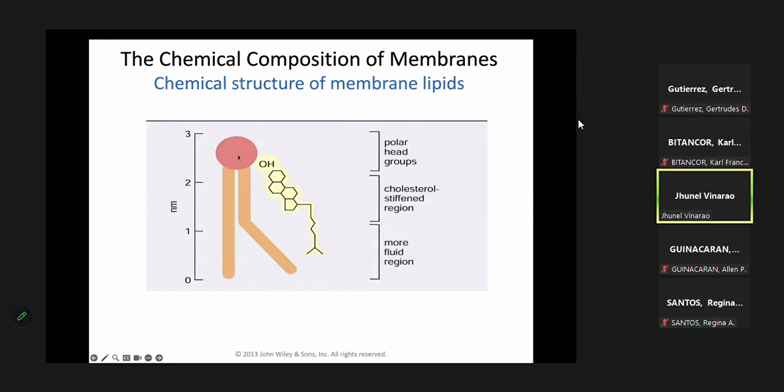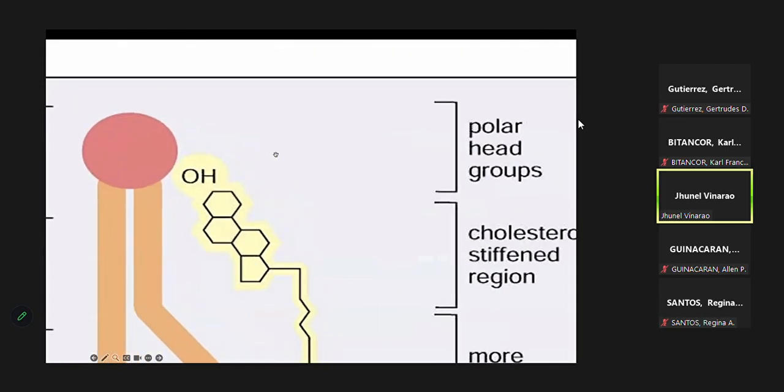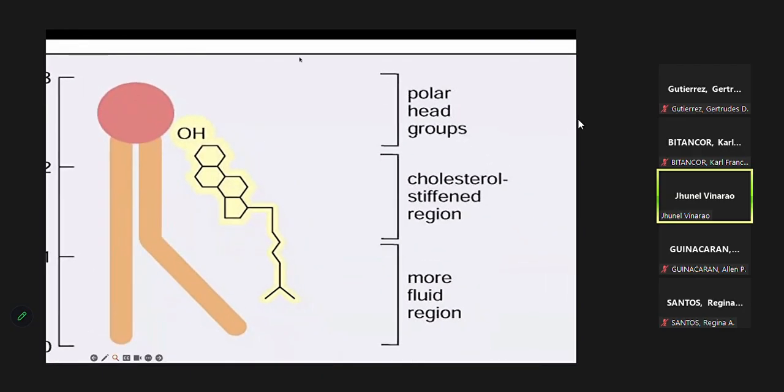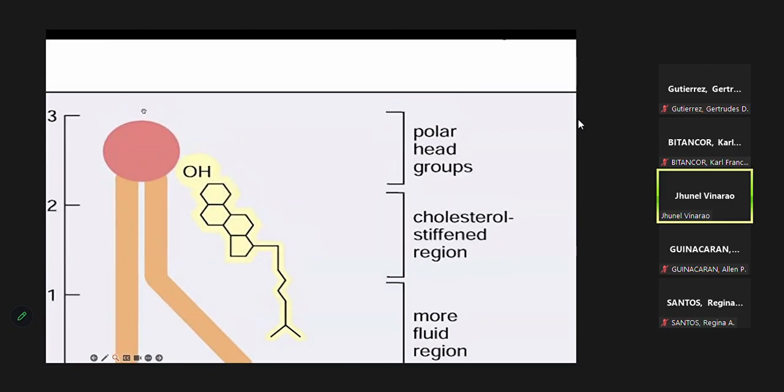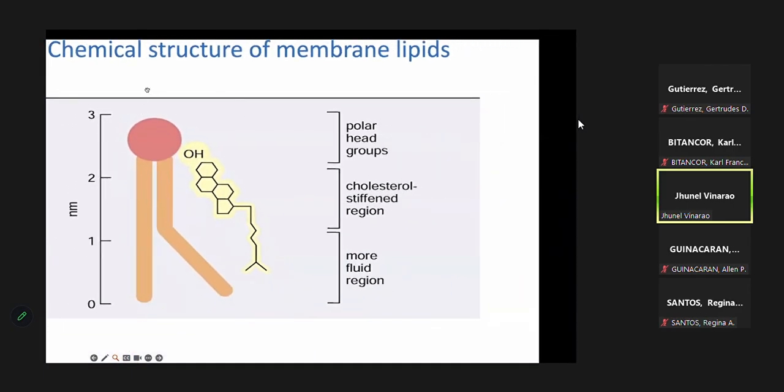So this is a comparison between a lipid and a cholesterol. Ayan, ganito rin yung orientation niya sa ating cell membrane. So kung yung lipid, let's say this is facing the non-cytosolic and ito sa baba yung cytosolic.